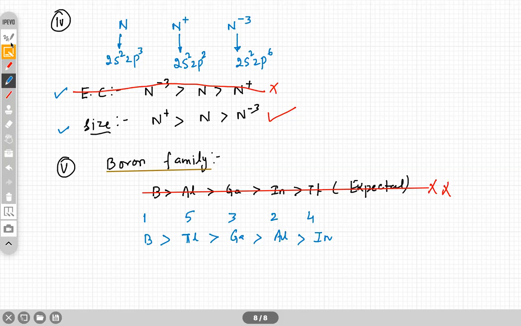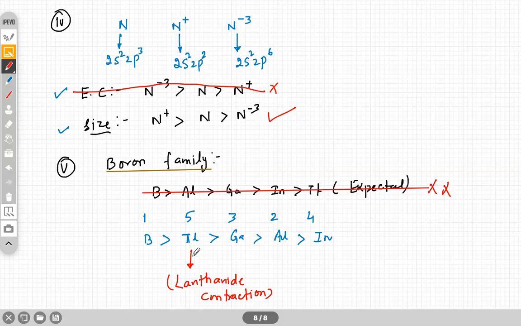In thallium, we have lanthanide contraction.